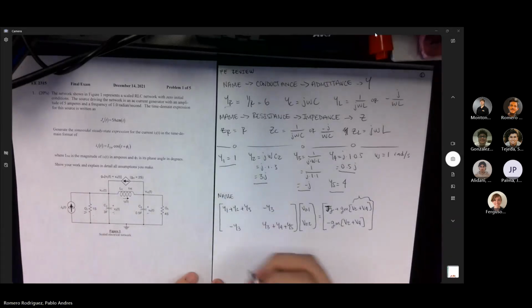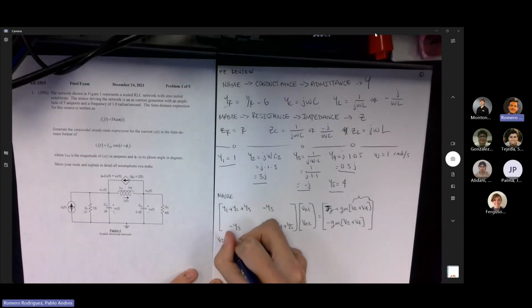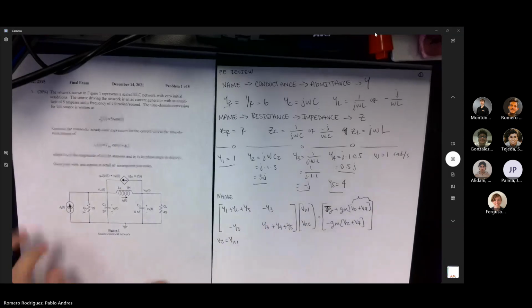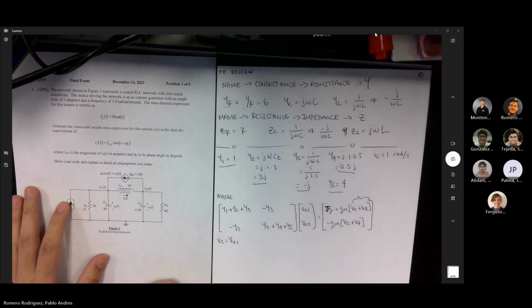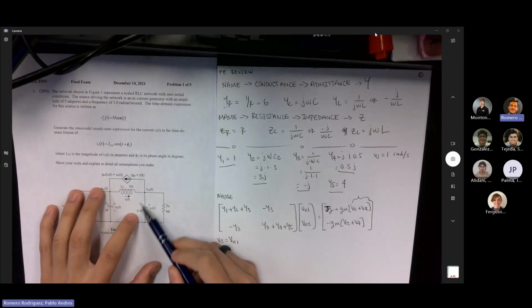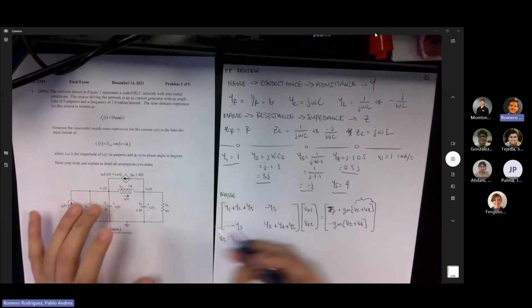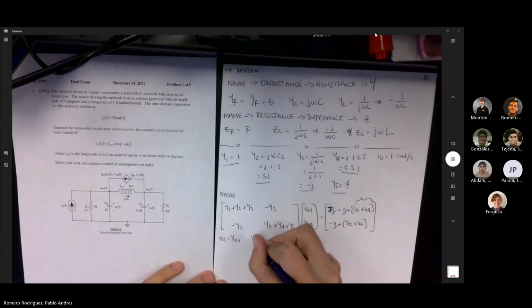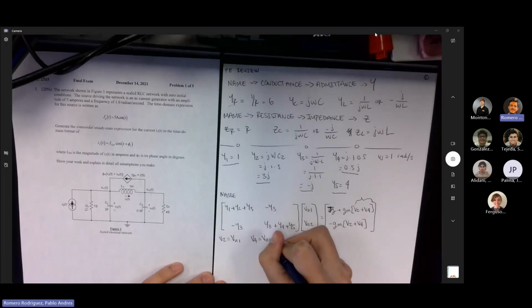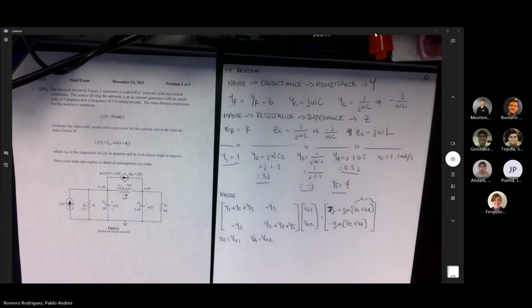And V4 is the same thing as VN2 connected to ground, so V4 is just going to be VN2.